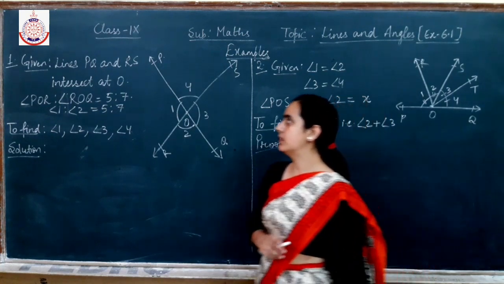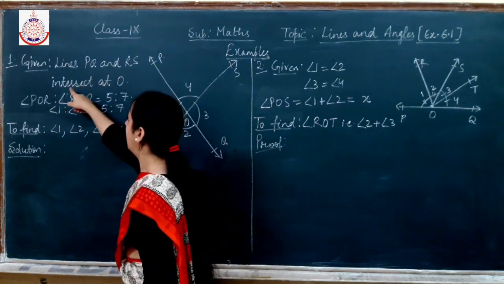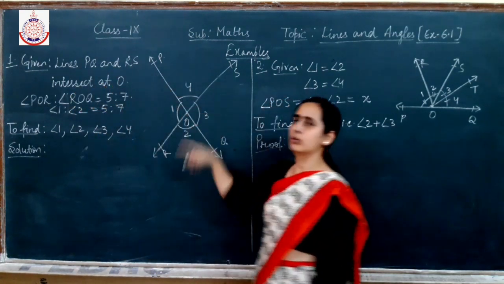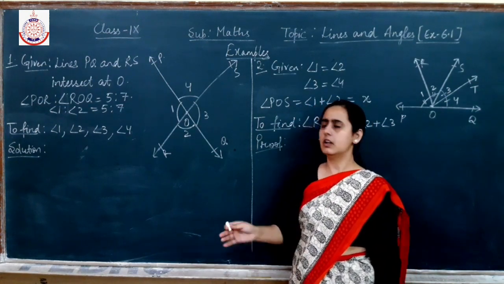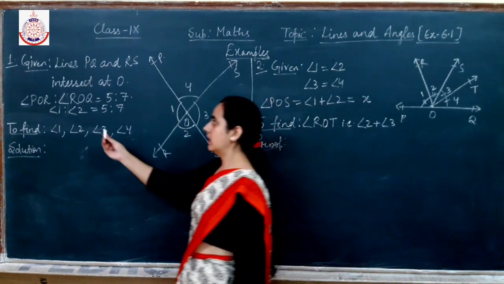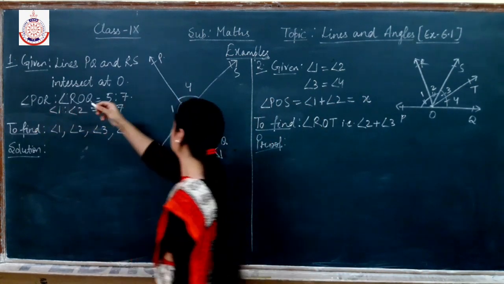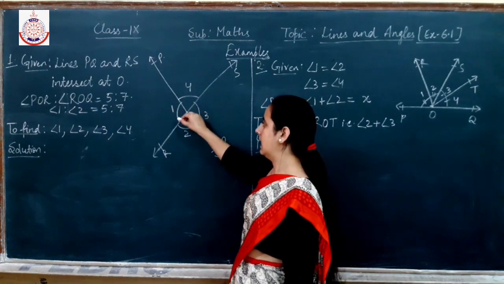Fine. Now first, like I have written, lines PQ and RS intersect at O. We don't have to write the given and to prove in a detailed manner. According to the figure we have to write. Next, the ratio of angle POR. Now see here, angle POR, I have marked as 1.